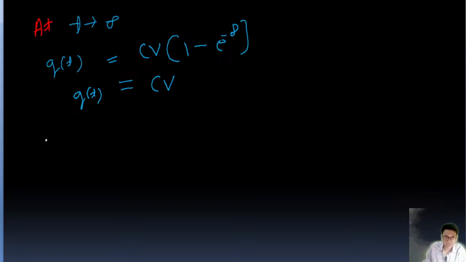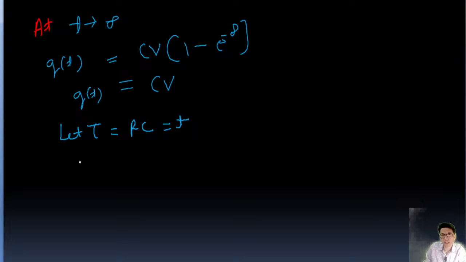And also here, let tau equal to RC, tau equal to RC equal to t.